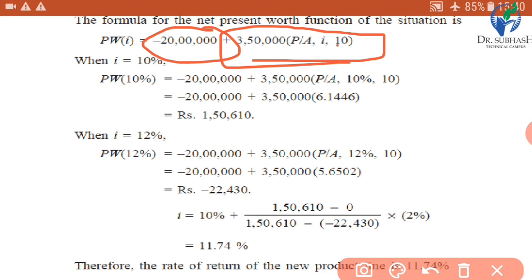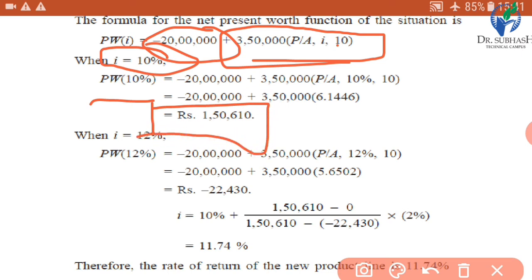Now first we will take interest rate equal to 10% and then find the present worth amount. So by putting the value of i as 10%, we get 1,50,610. So the value is positive.